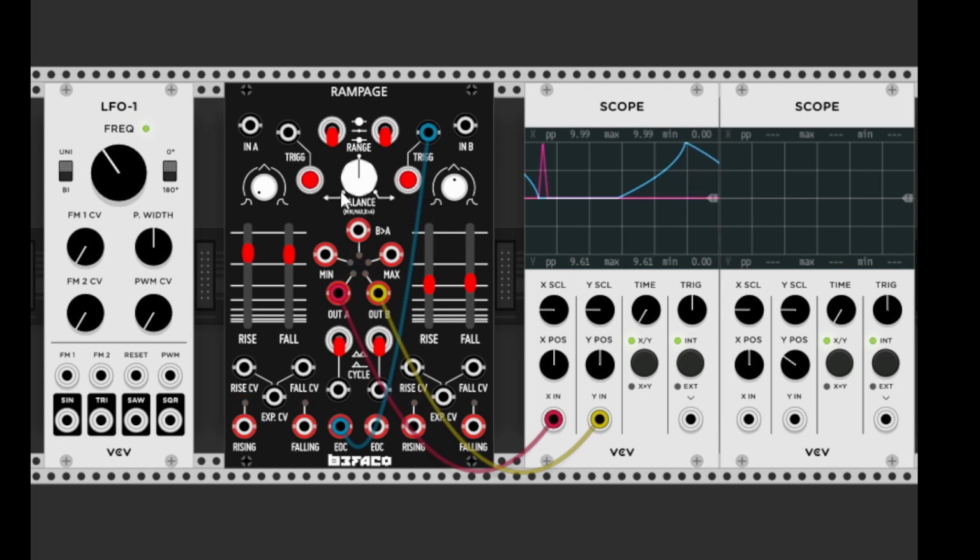And again, followed by the short envelope. And I can send then, of course, both to trigger something or to modulate what I want, pitches or cutoff frequencies, and so on and so on.